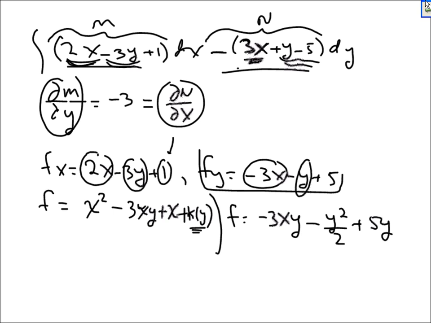So now, combining these, we know that f of x, y is x squared minus 3xy plus x.